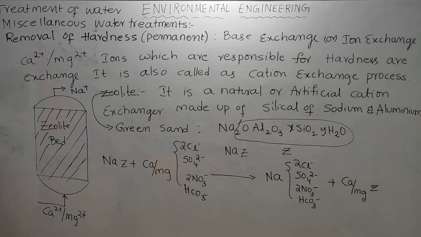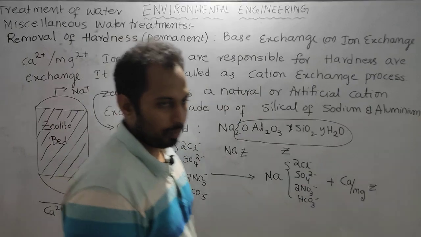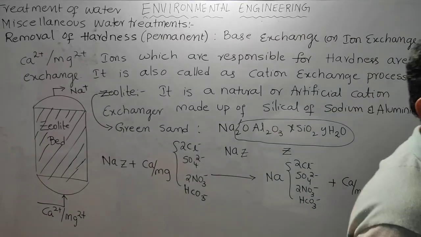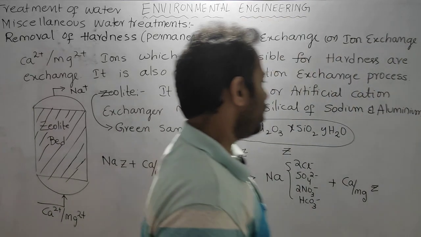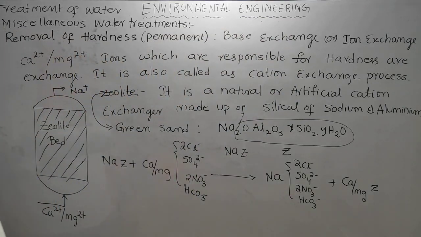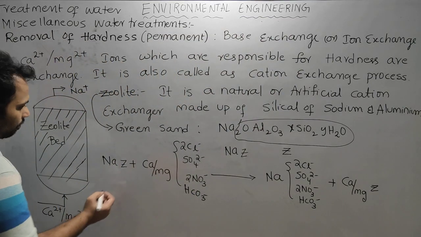At some point of time or other, the water coming out of the zeolite bed may not be treated. That means zeolite is completely exhausted. In that condition, we have to regenerate the zeolite again.